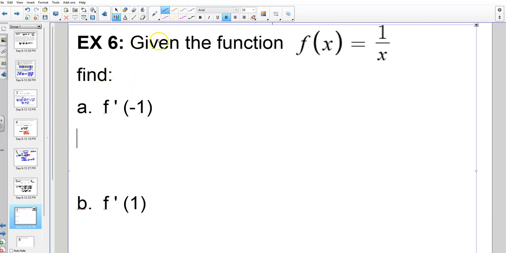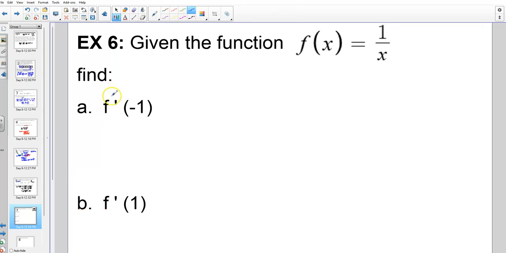So we are given the function f of x equals 1 over x. Here is some new notation for you. It is f with a little tick mark behind it. We are going to read this as f prime. So we're going to say f prime of x.